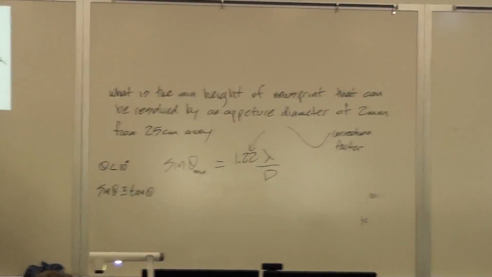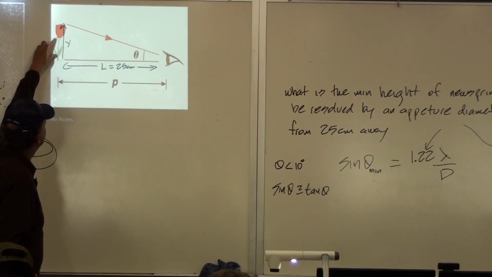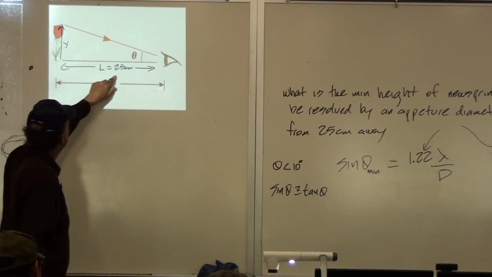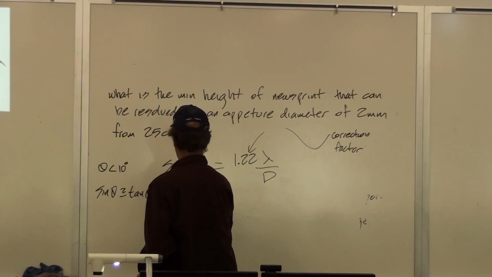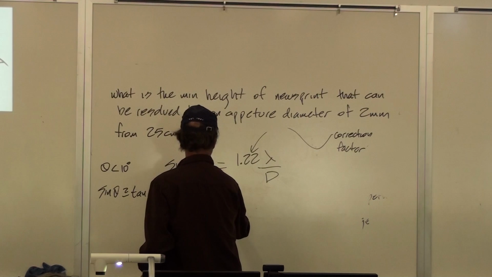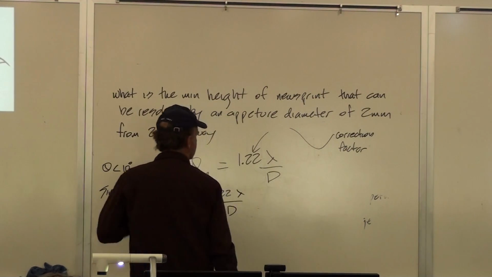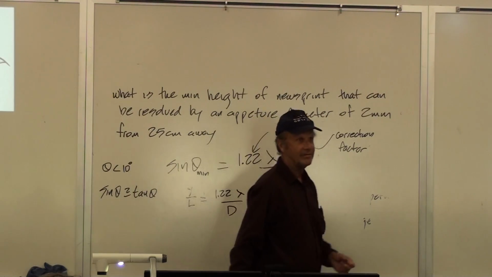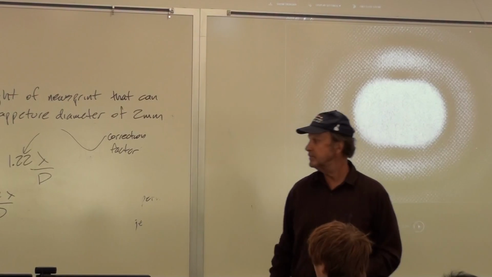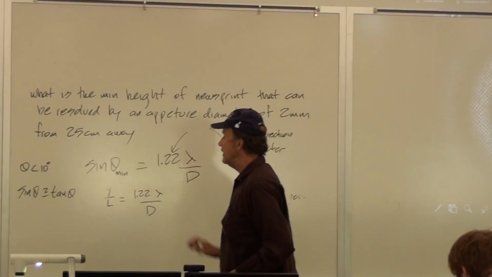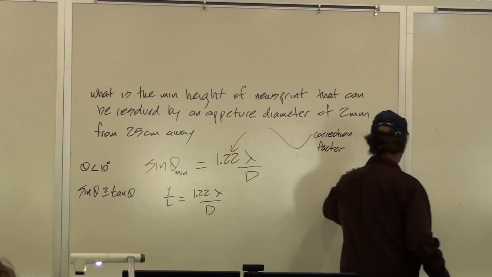Okay, and so if we do this then, this is not a flower but a newsprint at 25 centimeters away, then the tangent of theta is y over L. So that would be equal to 1.22 lambda over d. So what's lambda? Well, you've got anywhere between 400 and 700 nanometers, and so let's just get an idea of an average wavelength.